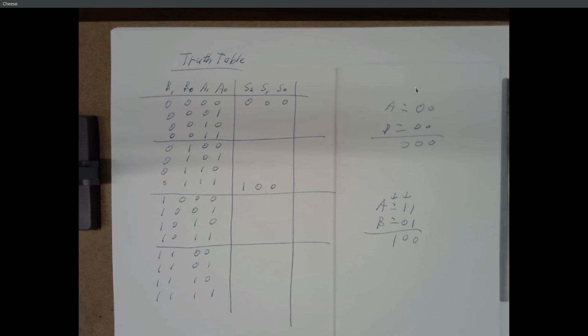How did I forget this? 0 0 0 1 1 1 1 0 0 0 1 1. I know we gotta do that. So then 0 0. So then this would be S2.